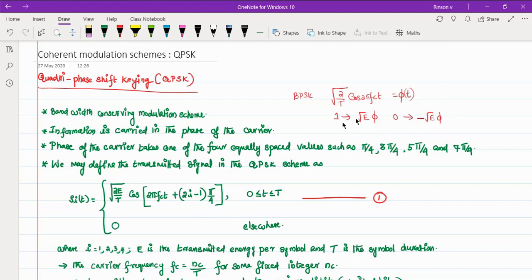Or we can say to transmit 1, you are transmitting root 2 EB by TB cos 2 pi fct, and to transmit 0, you transmit root 2 EB by TB cos 2 pi fct plus pi.